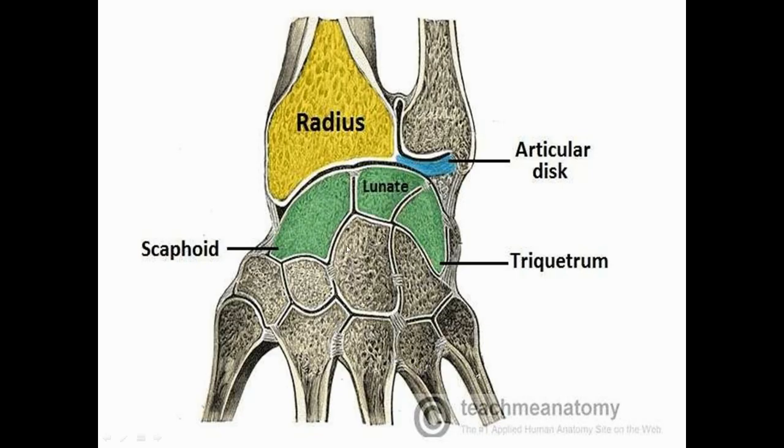We can see here these three carpal bones together form a convex surface that fits the concave surface of the radius and this articular disc, and this articular disc also prevents the articulation of the ulna with these carpal bones.